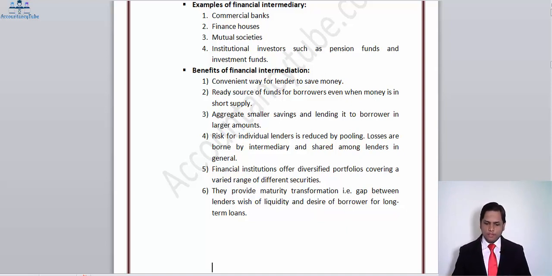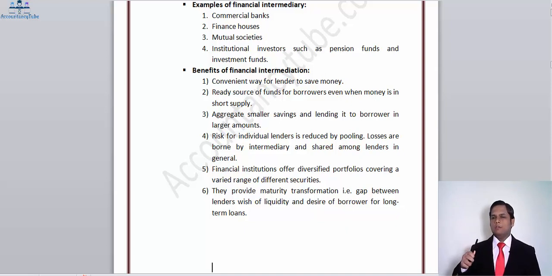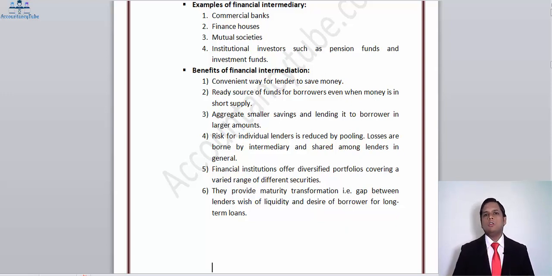Then we have aggregate small savings lending to borrowers in larger amounts. For example, a company requires $1 million in loan. It's quite obvious that not a lot of people have $1 million in their bank account. So instead of getting a loan of $1 million directly from an individual, it gets a loan from the bank.